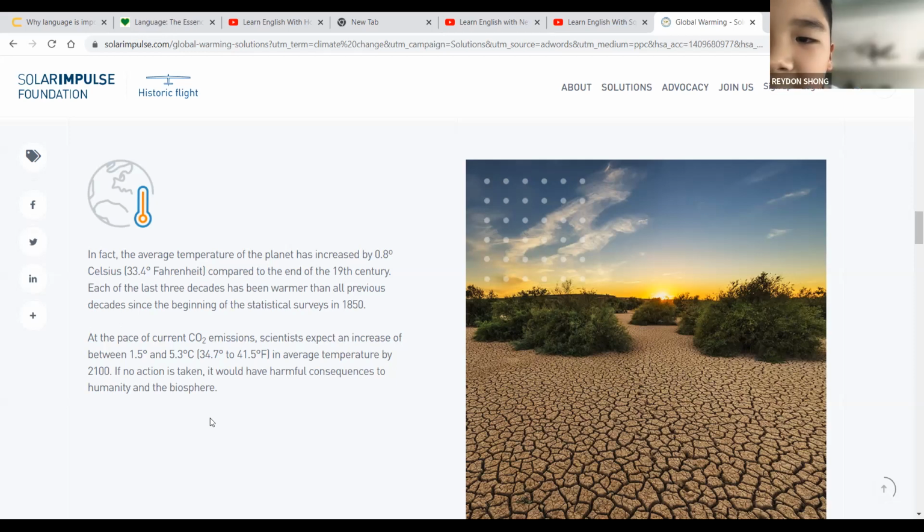Scientists expect an increase of between 1.5 degrees and 5.3 degrees in average temperature by 2100. If no action is taken, it will have harmful consequences to humanity and the biosphere.